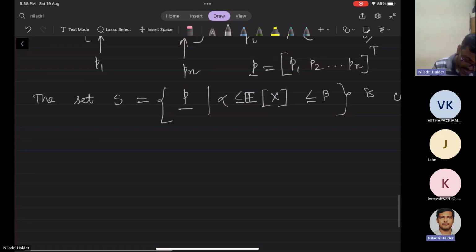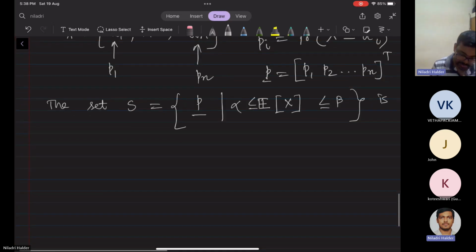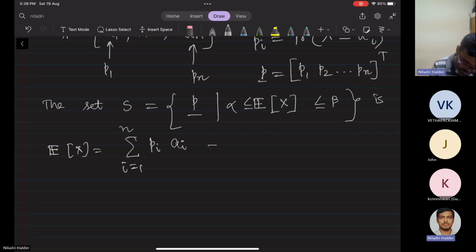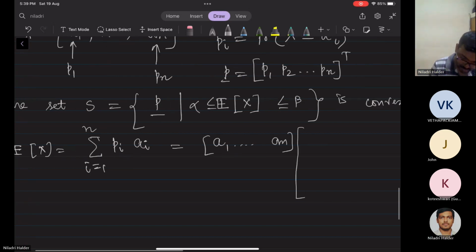Why is this a convex set? He has also mentioned that the expectation of x is equal to the summation for i equal to 1 to n of p_i a_i. This is the same as a_1 to a_n, a row vector, and p is a column vector.